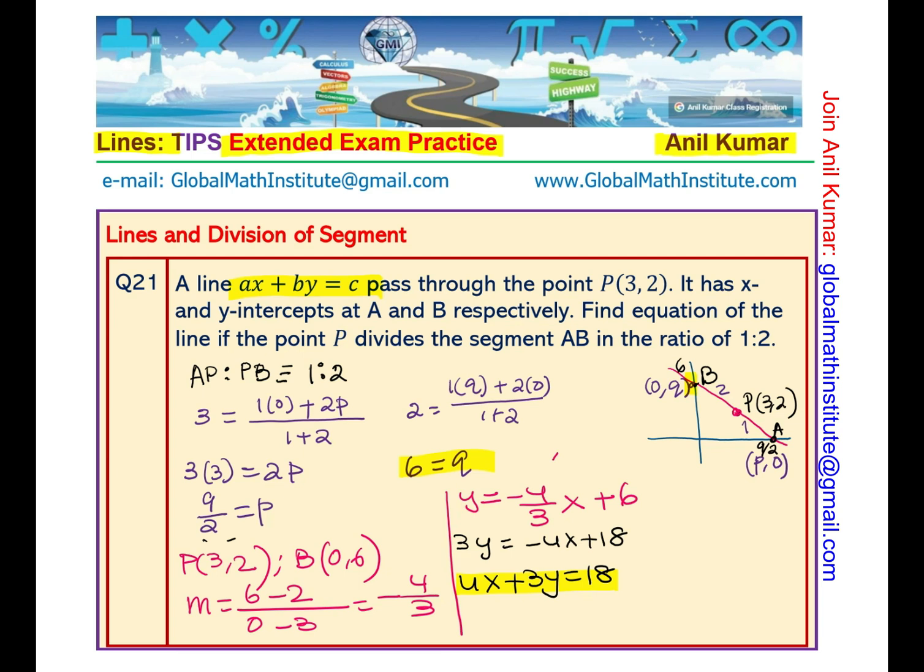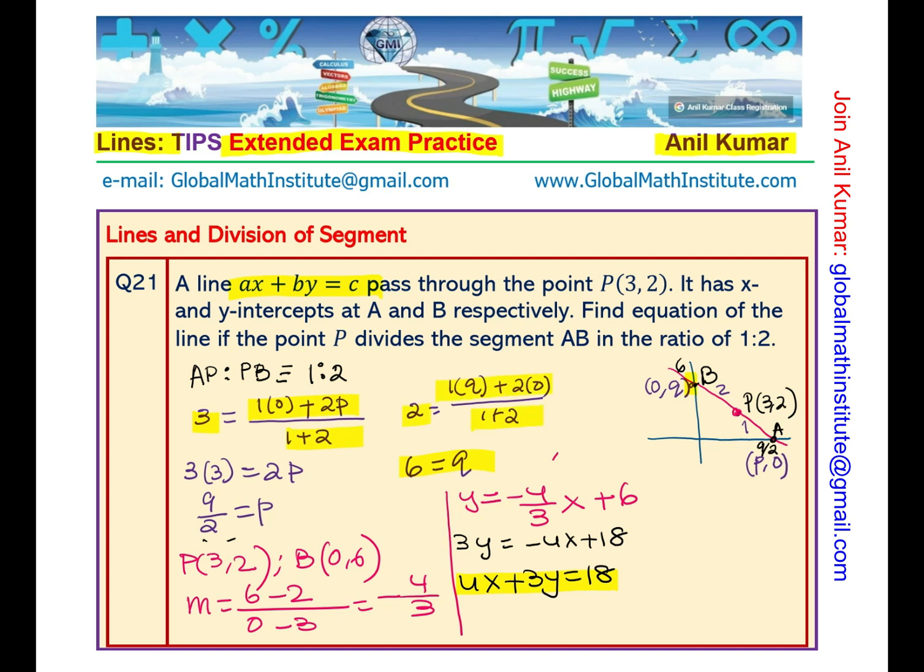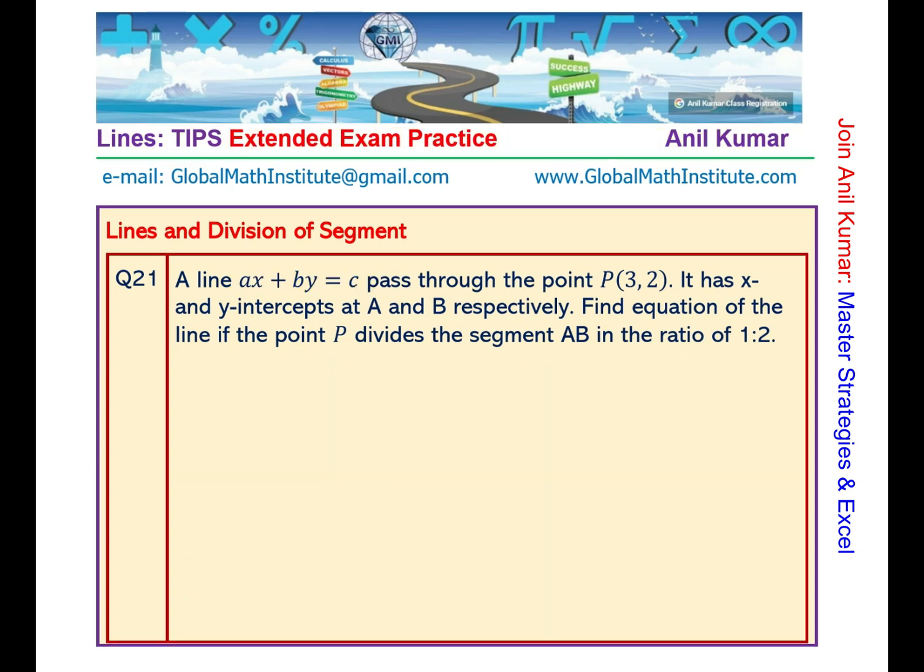I hope the concepts are absolutely clear. The only thing which could have been slightly tricky is how we relate point P with the endpoints. That comes from the section formula, which we utilize to relate point P with A and B and find the result. If you don't know that, you could use similar triangles to find the result. I hope it makes sense.